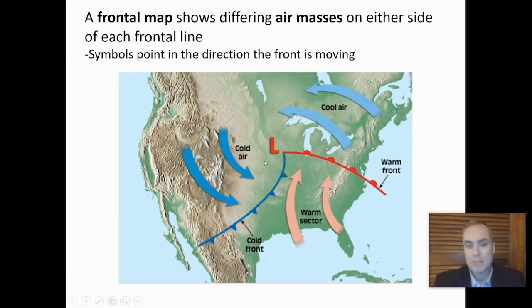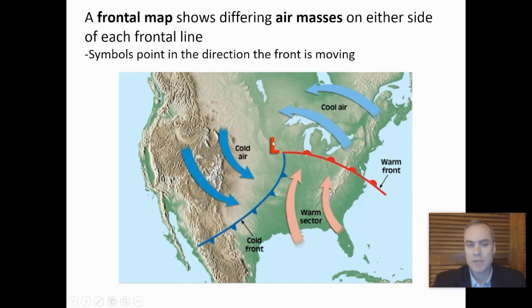So on a weather map, you have fronts between air masses. So here we have colder air, and then a different type of air, warmer air over here. They have to be different, colder and warmer. And the line between them here is the front. Again, you have warmer air, and again, a different type of air, cool air over here. And there's a front between them. These are all air masses.